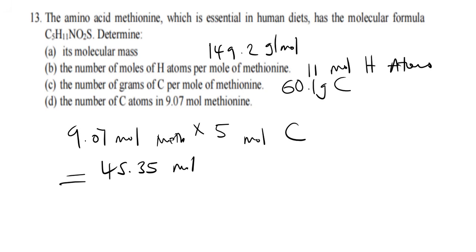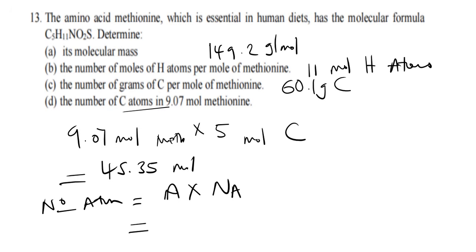Now the question is the number of carbon atoms, and you know that the number of atoms, as we've been finding it, will just be equal to the number of moles multiplied by the Avogadro's number, Na. In this case, the number of moles we've already found is 45.35.